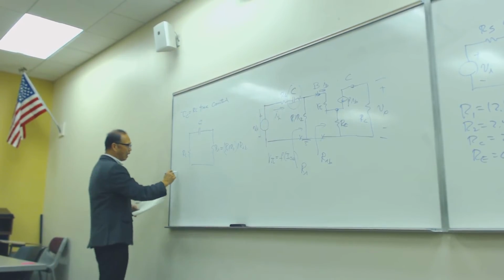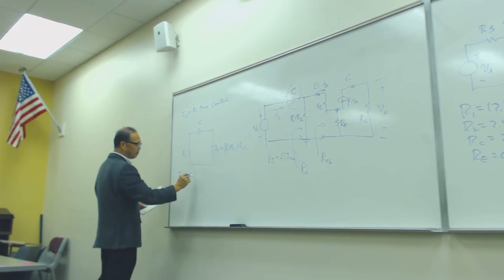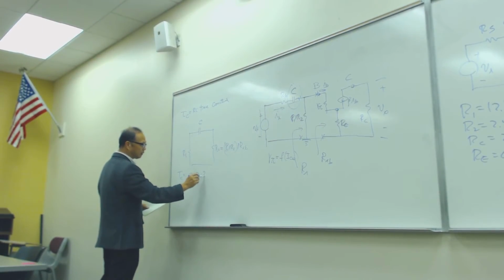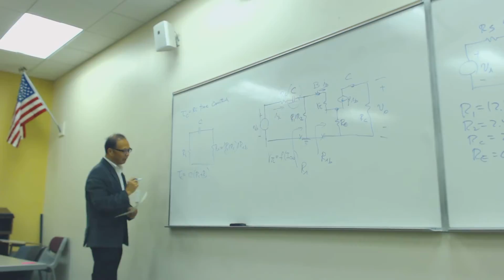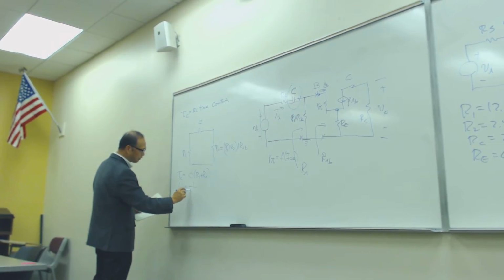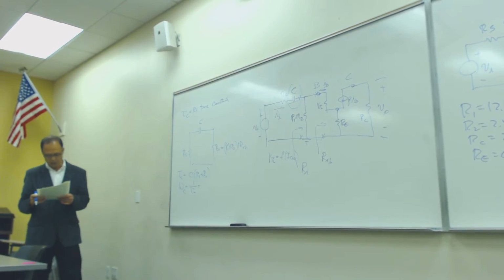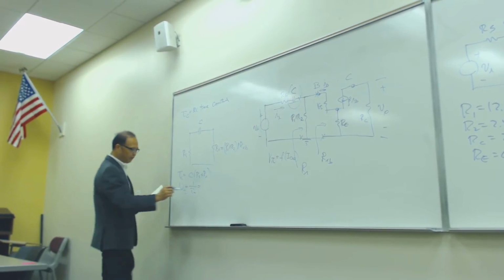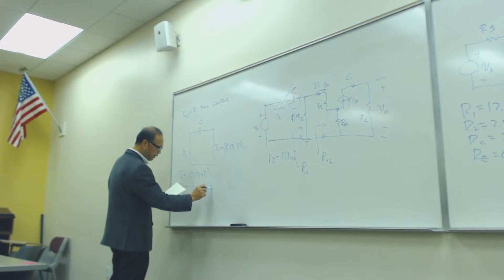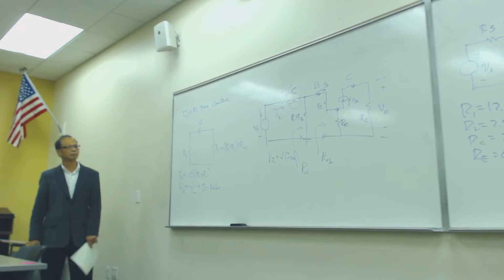So therefore, tau sub C is equal to C times these two are in series, right? R sub S plus R sub I. And omega associated with the capacitor is 1 over tau sub C. So if you plug in the numbers, you will find that omega is about 50 radians per second. So that's it.